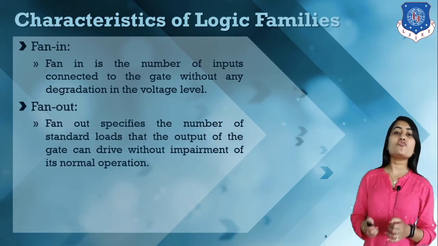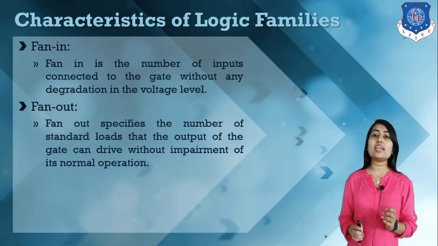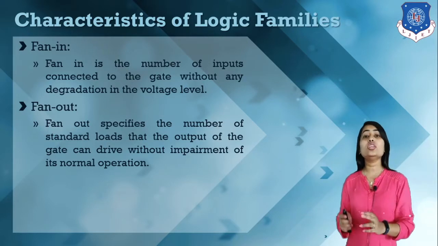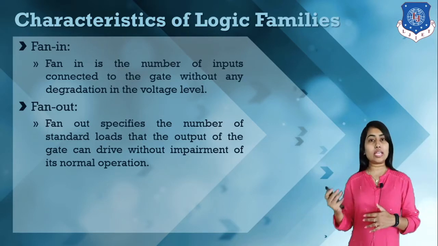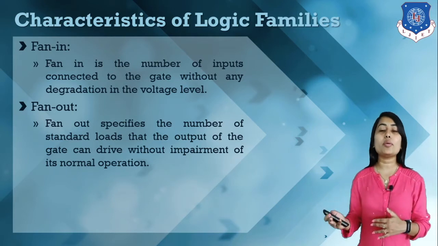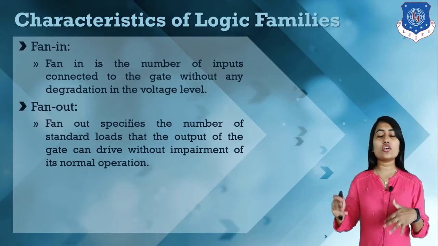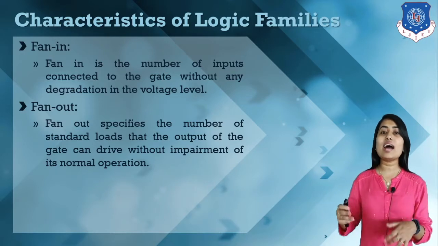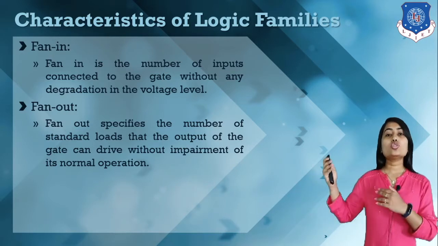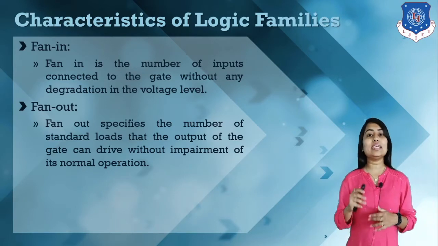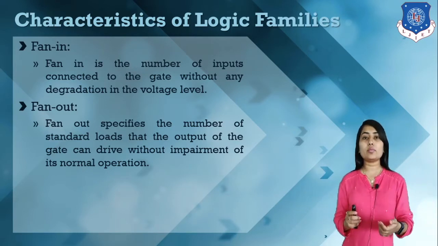Next we have fan out, that means the total number of loads or outputs that a gate can drive without impairment of operation, that is, without any noise or problem in the output. The total number of outputs which can be produced by an integrated circuit is another parameter to consider.